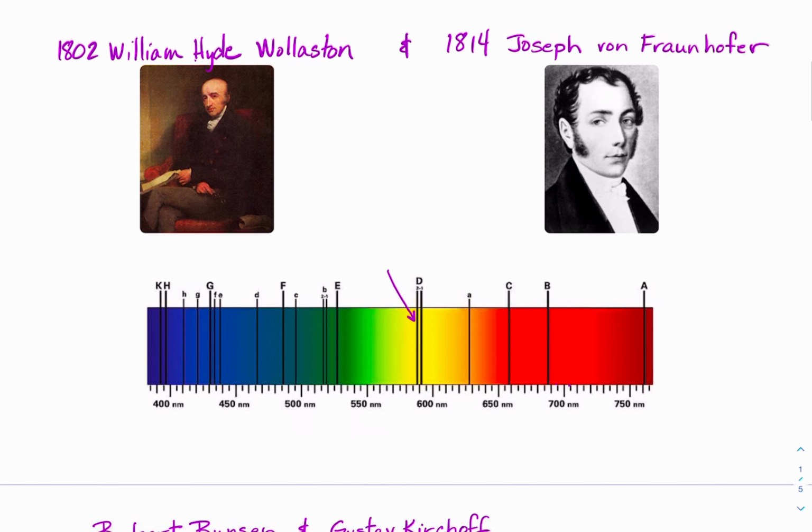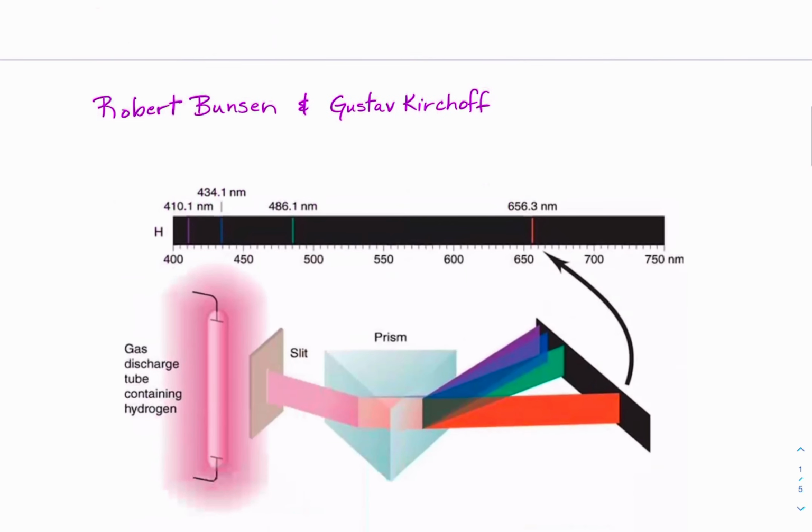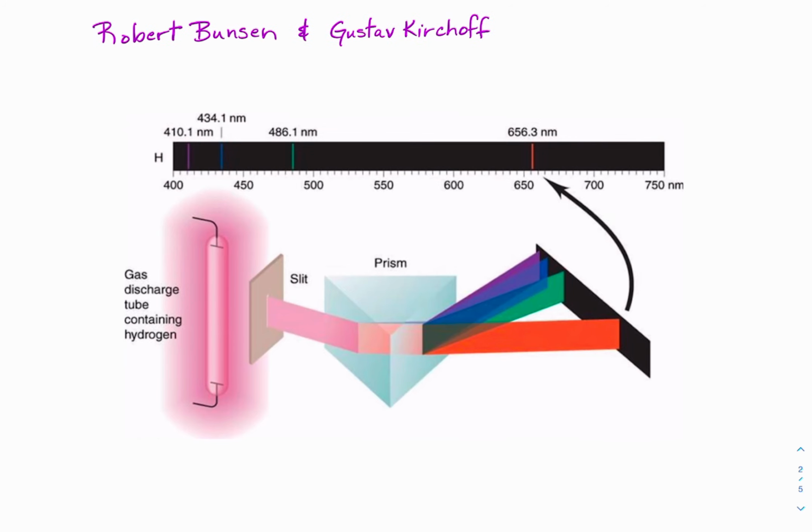And so this is where we move to talking about two new scientists, Robert Bunsen, who is credited with making the Bunsen burner, which is why we call it the Bunsen burner, and Gustav Kirchhoff. What they did was take a Bunsen burner like Robert Bunsen had made and start burning elements in the burner, and then pass that through a prism and look at what colors it would emit.